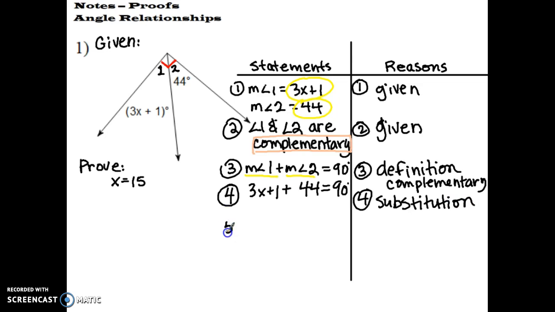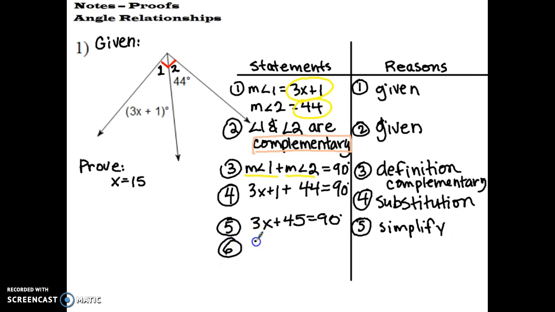Now I complete my algebra steps, combine my like terms. 3x plus 45 equals 90. We're just going to say we simplified. Then I'm going to subtract 45 from both sides.